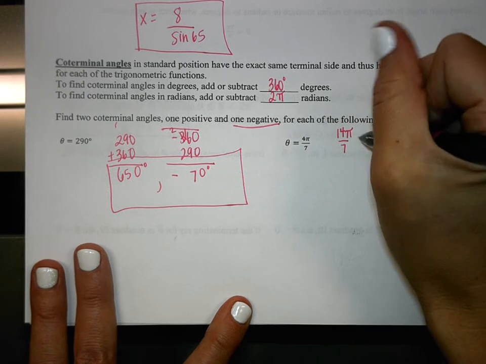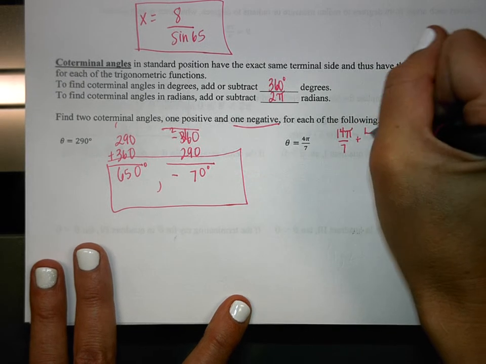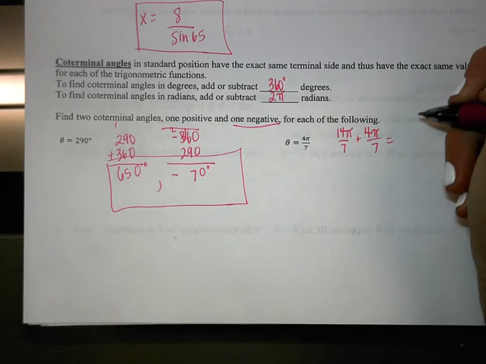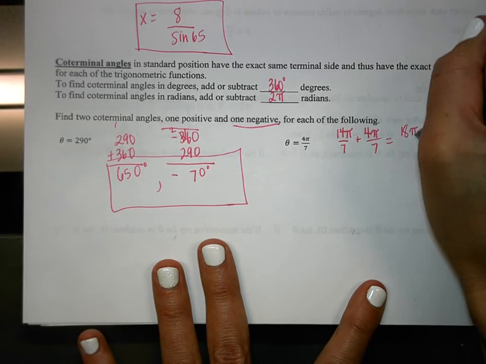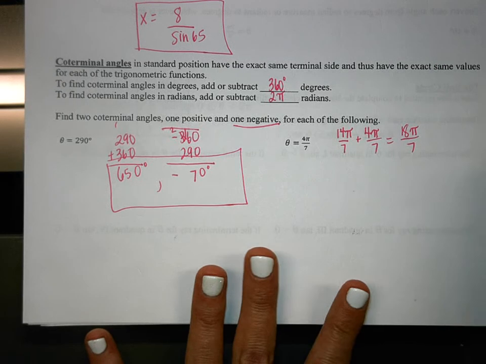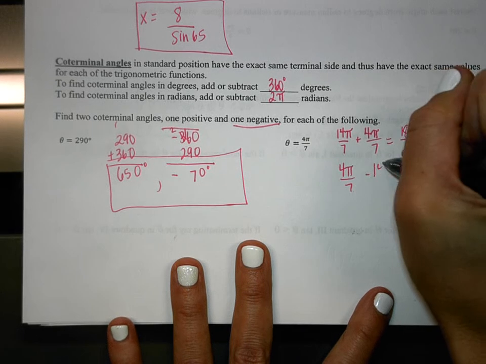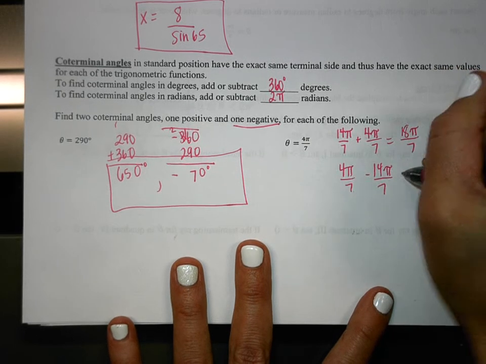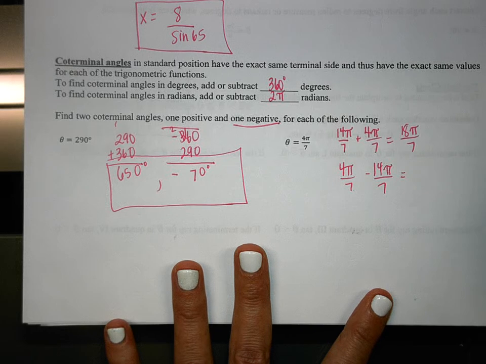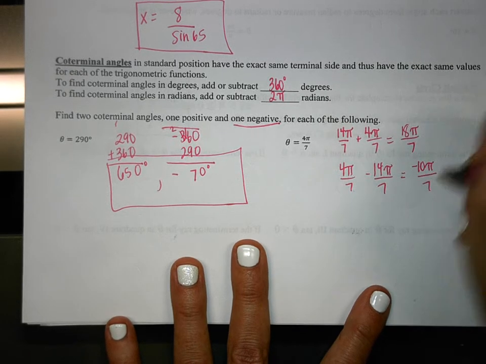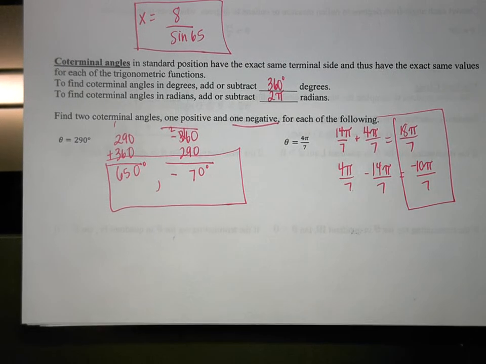Okay, and so we have 14 pi over 7 plus 4 pi over 7, and that makes 18 pi over 7. And then in order to get the negative, 4 pi over 7 minus 14 pi over 7. And so you would subtract and get? Negative 10 pi over 7. And those are your positive and negative coterminal angles.